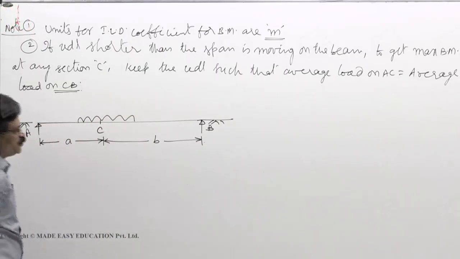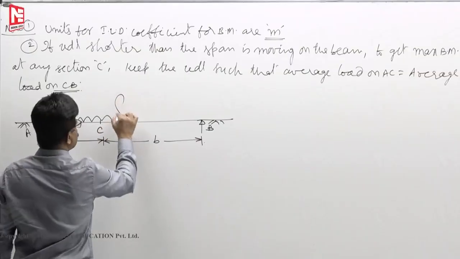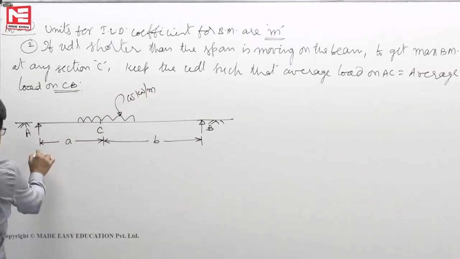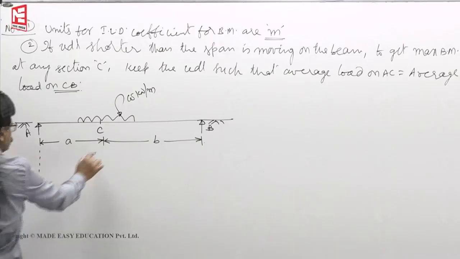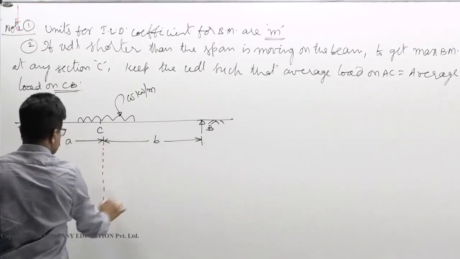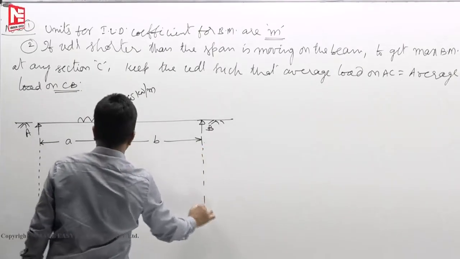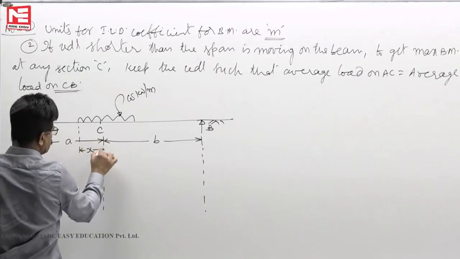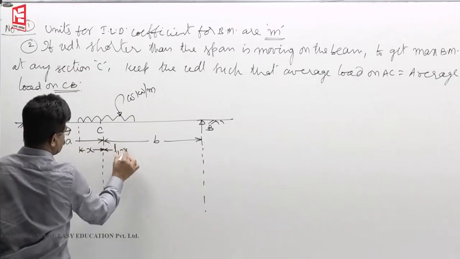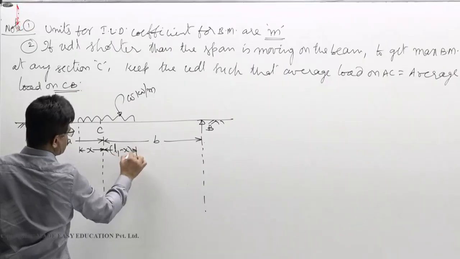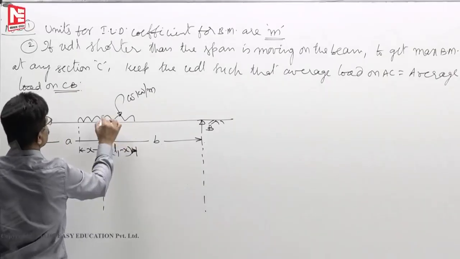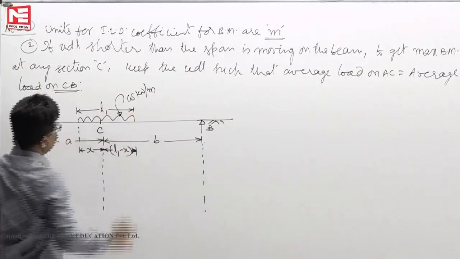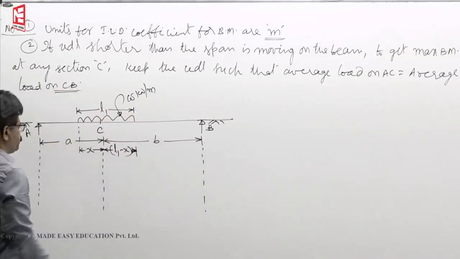You have to adjust the load like this. This is small w, kilonewtons per meter. This length, let us say x, and this length is L1 minus x. That means the total length of UDL is only L1, and that L1 is shorter than the span.